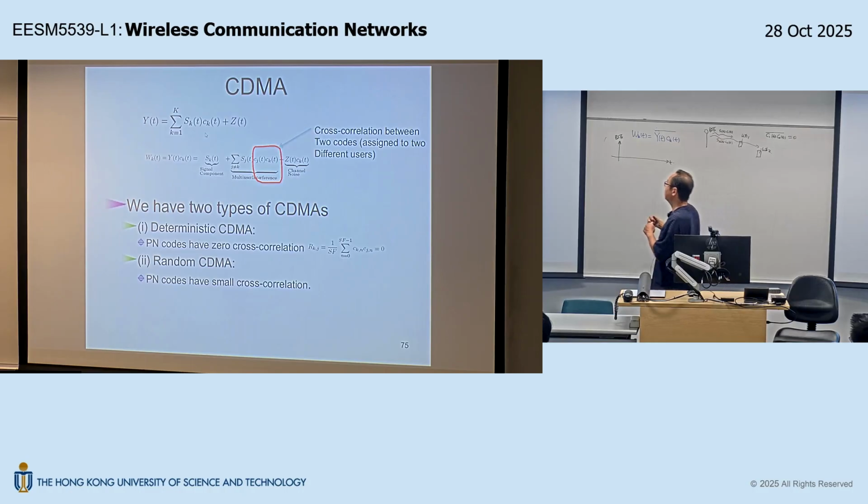What do I mean by this? Let's say this is the first chip of the broken pieces to user 1. And then, let me use a different color, this is the first chip of the broken pieces to the second user.